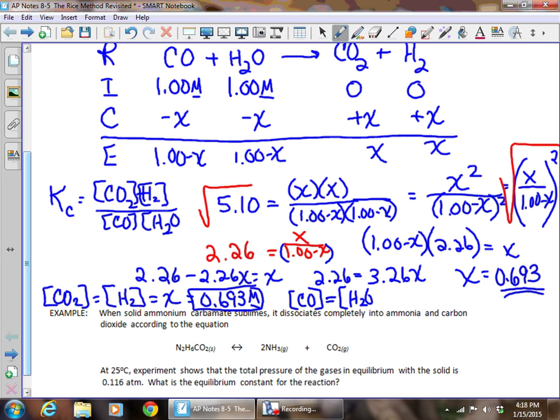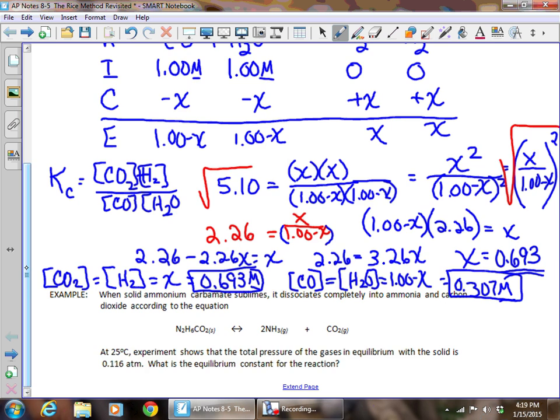They're both 1.00 minus x, and that value comes up to be 0.307 molar. So those are my concentrations of those substances, and we did not have to neglect x. Remember, you cannot neglect x if you have a perfect square, a perfect cube, or if both are raised to the fourth power. You might find something like that on your worksheet that's coming up for today, so watch for that.